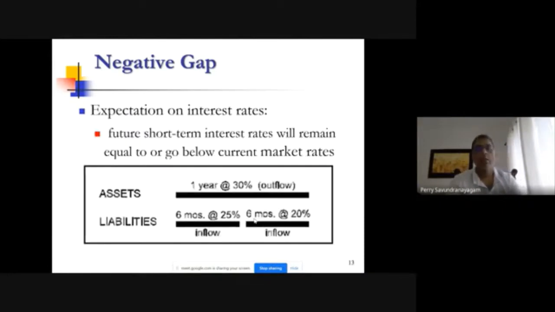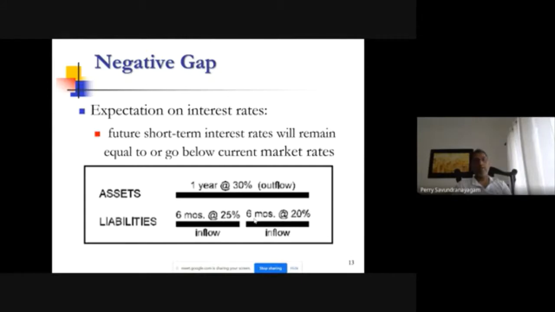Okay. So from a view perspective, now we're talking about the interest rates, right? In a negative gap scenario, if you're basing it on your view on interest rates, you are expecting one of 2 things.